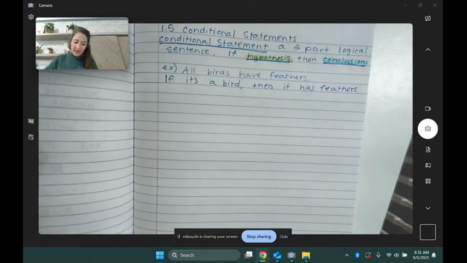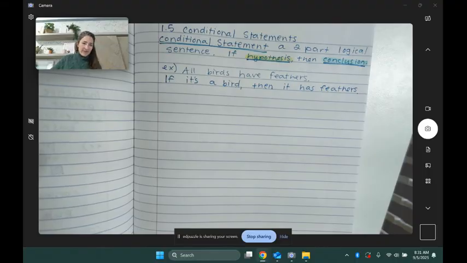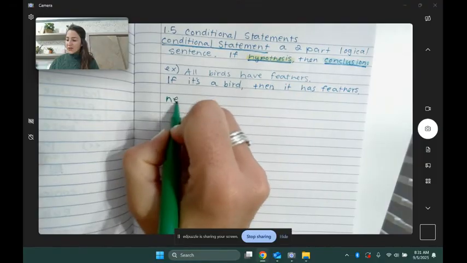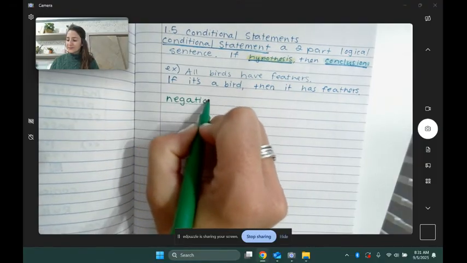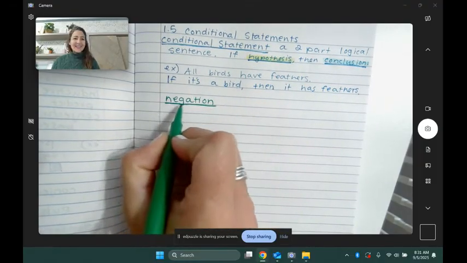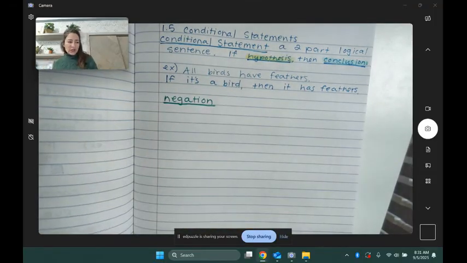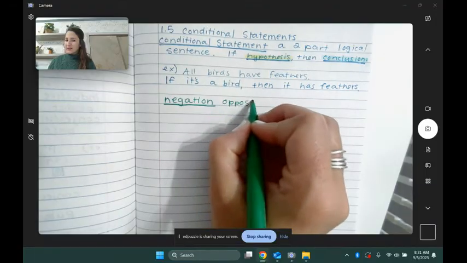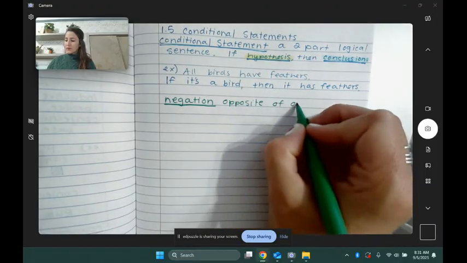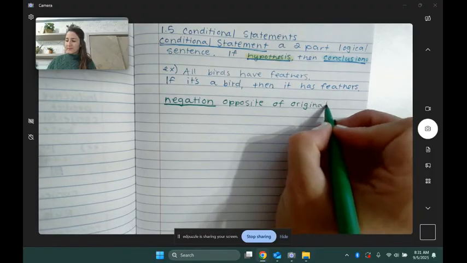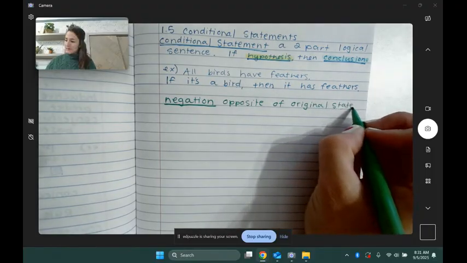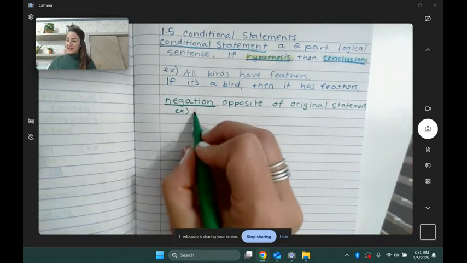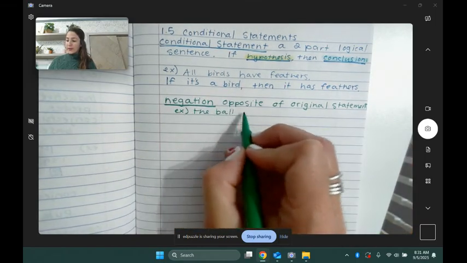Okay. And then the next, lots of sentence structure today. I could also have what's called a negation. Negation, negate, to undo, to not something. It's the opposite of the original statement. So for example, if I said, the ball is red.